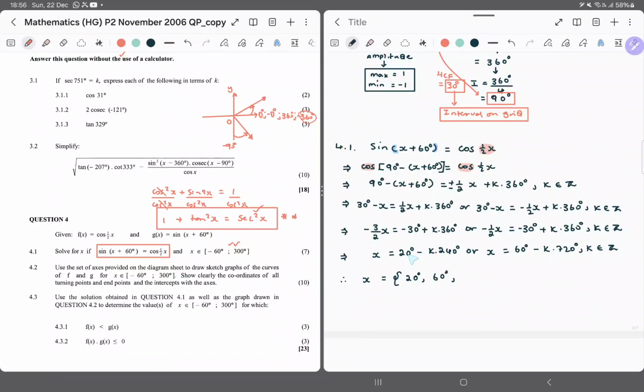Let's say k is -1. Now this is minus 240. 240 plus 20 is basically 260. So we can see that 260 is within the domain. And then when k is -1 here, this is too big, it's outside the domain, so we can discard it. So these are the solutions of x in that given domain.